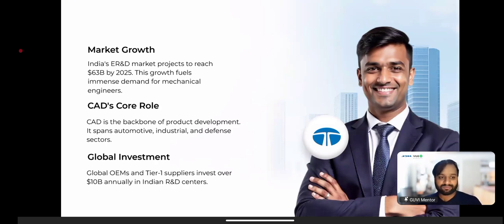And for global investment, mostly they are investing in India. More products are being developed here, designed here, manufactured here now. So that is why the CAD role is going to increase.